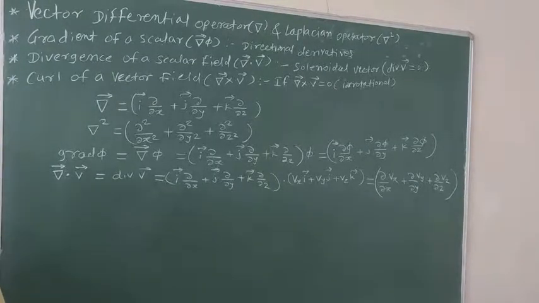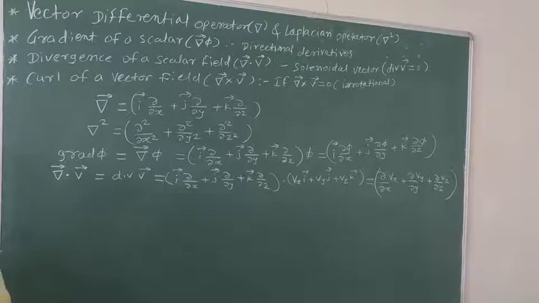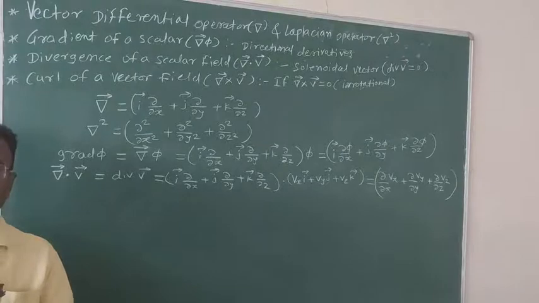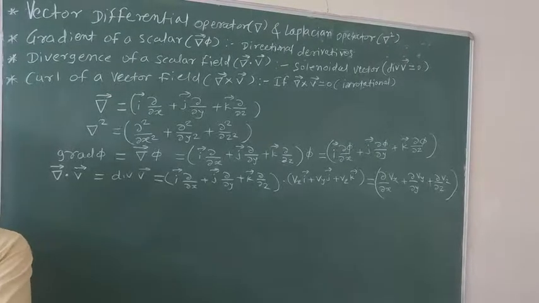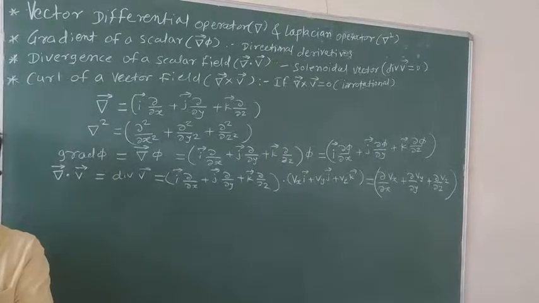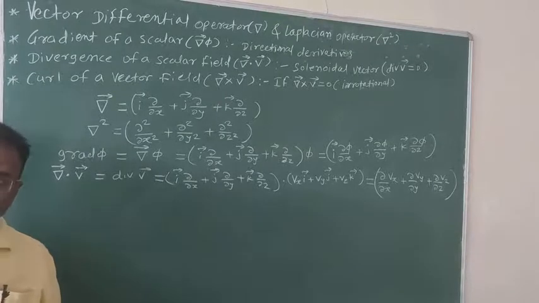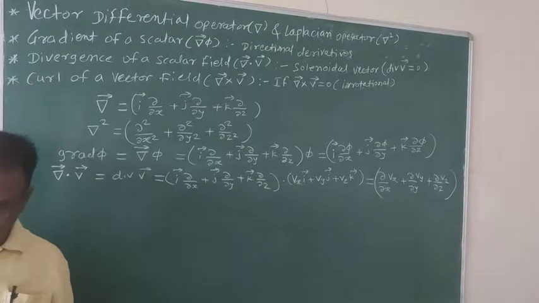That means there is neither a source nor a sink at that point. Density remains constant throughout the flow. Density does not change when divergence is 0.